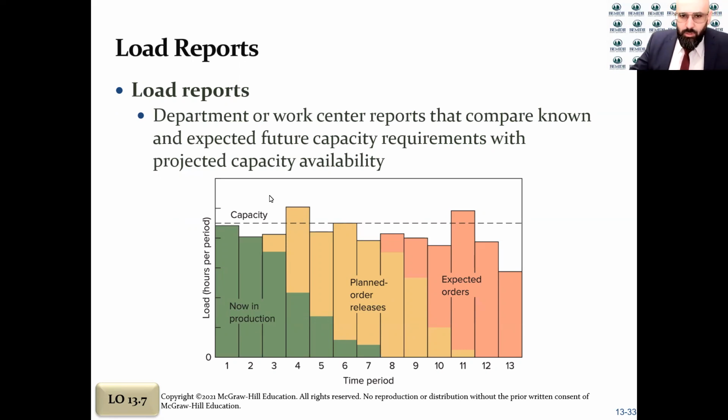So department or work center reports compare known and expected future capacity requirements with projected capacity available. You could plot the planned order release and see how it compares to the capacity within the time period.